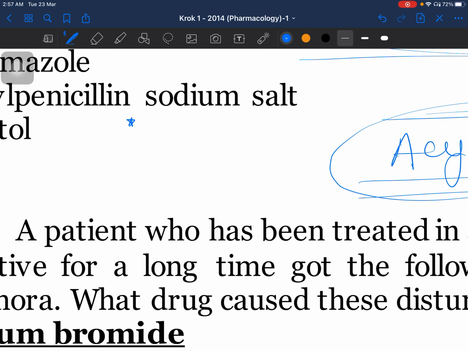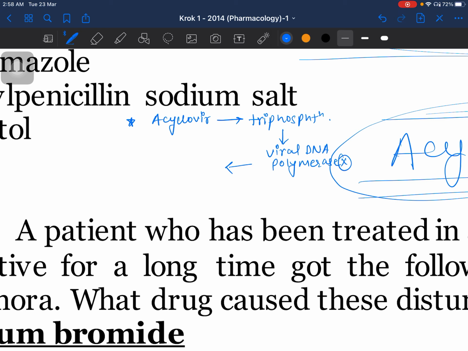The mechanism of action states that acyclovir transforms into the triphosphate, and it interferes with the viral DNA polymerase, which leads to the inhibition or decrease in the viral DNA replication.